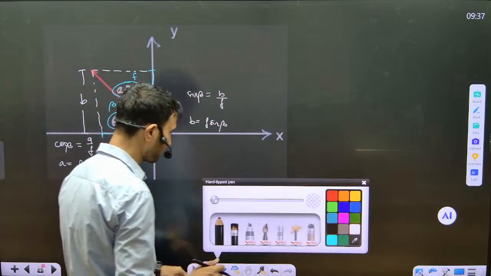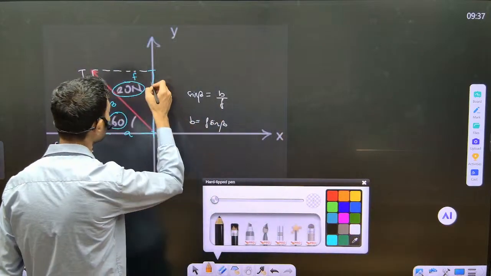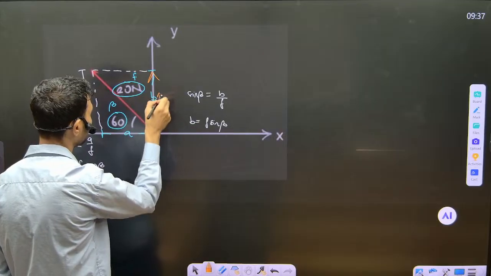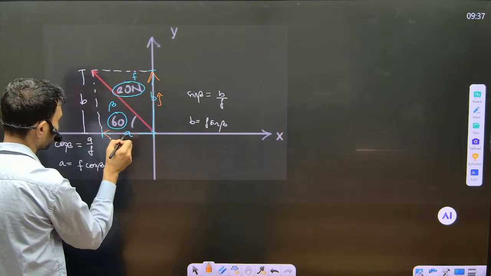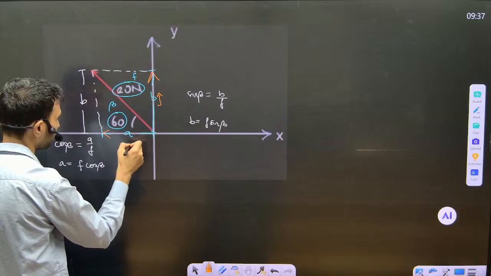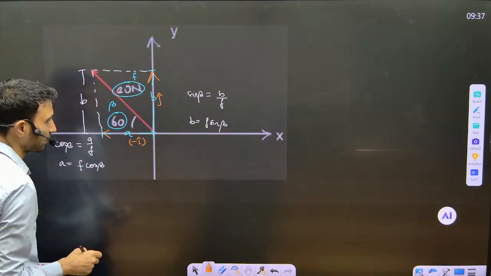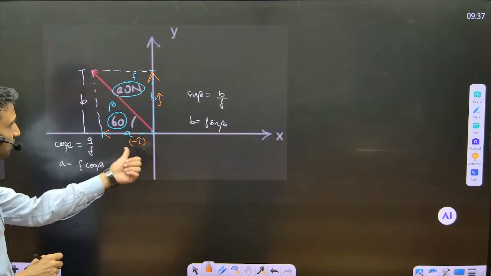Now check the direction. B is in this direction, so that means it will be j cap. And A is in this direction, so it will be minus I cap. In the left direction, it is minus I cap, right?